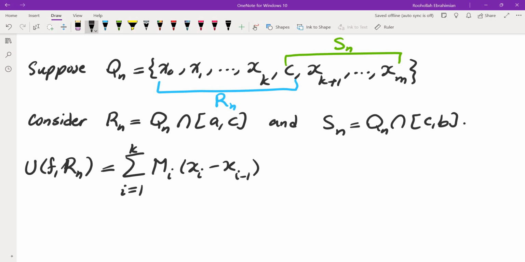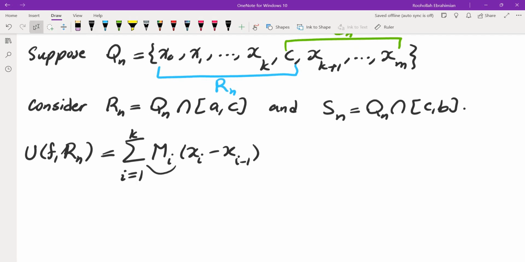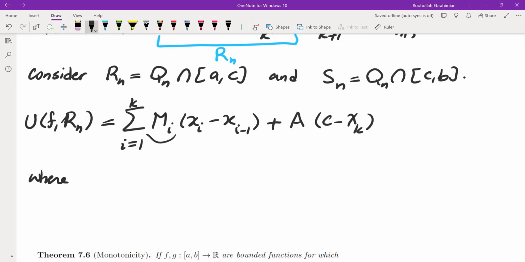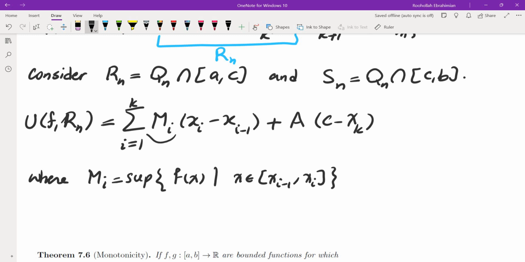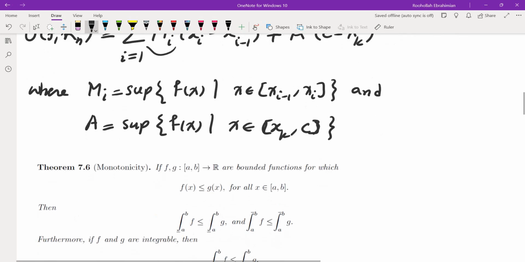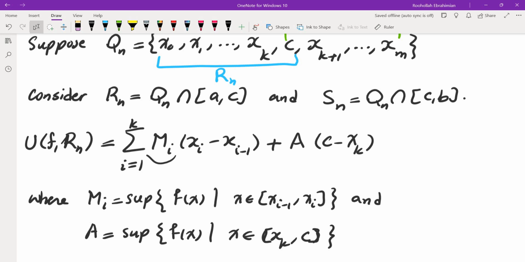These are the supremums: Mi is the supremum of f of x when x is in [xi minus 1, xi], and a is the supremum of f of x when x is from xk to c. So we see that the upper sum for Rn is a portion of the upper sum for Qn.